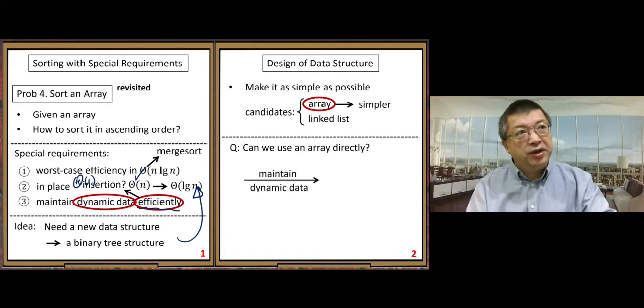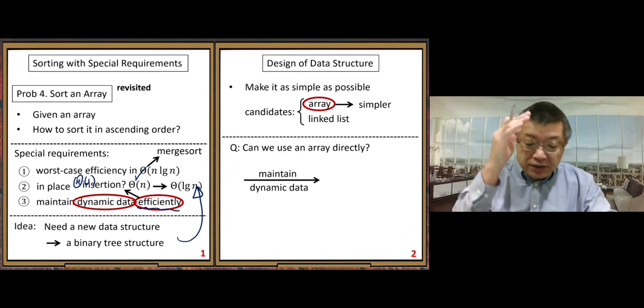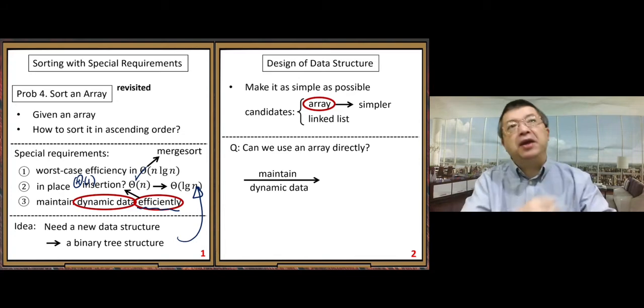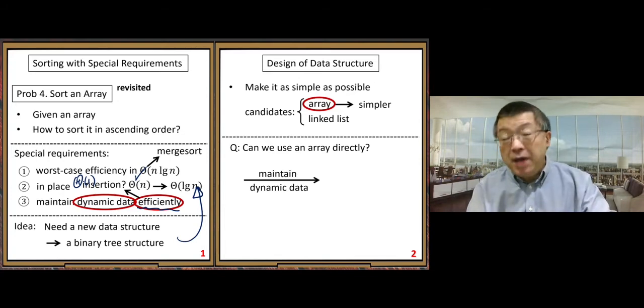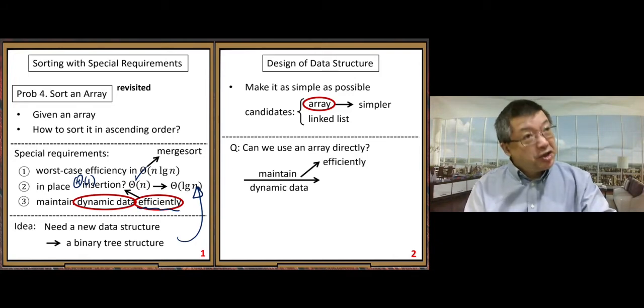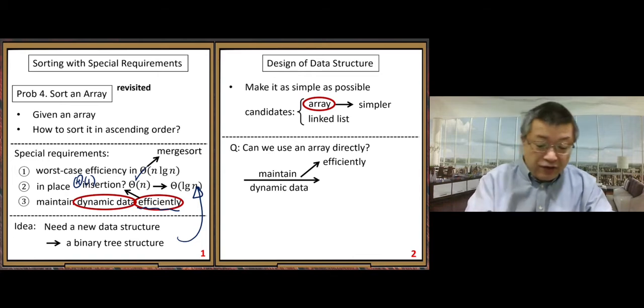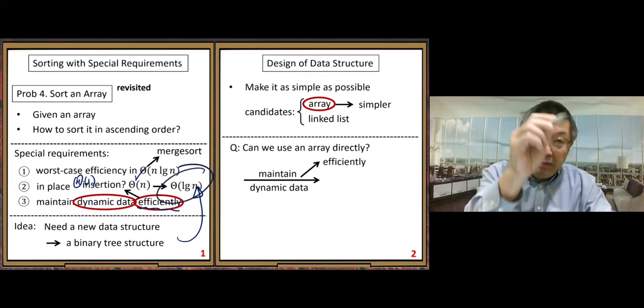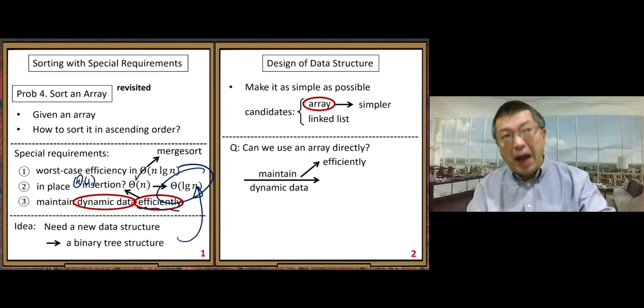We need to consider the main feature: we need to maintain dynamic data. How easy is it if we just use an array directly, especially since we want a very efficient way? By efficient, we mean big theta of log n.